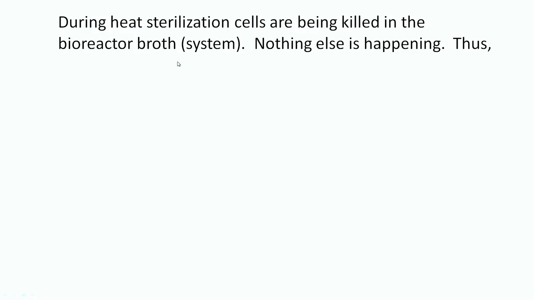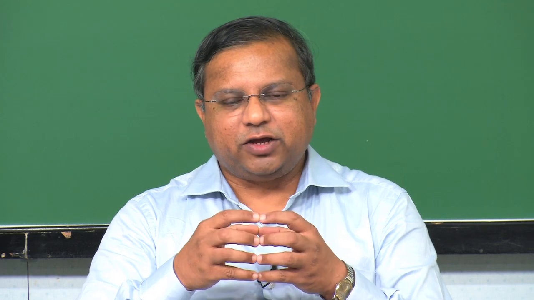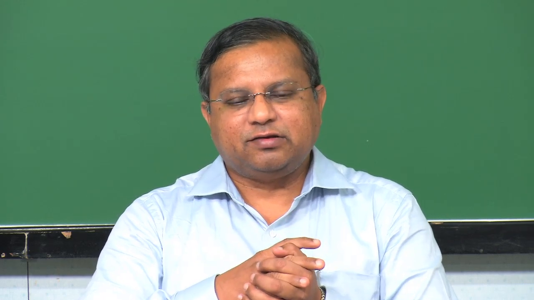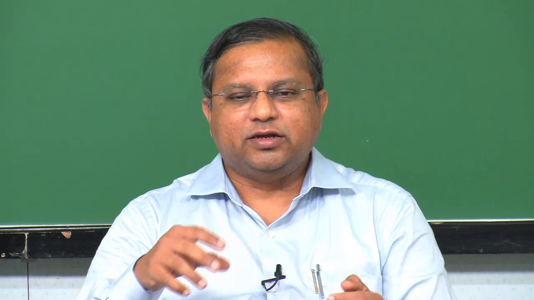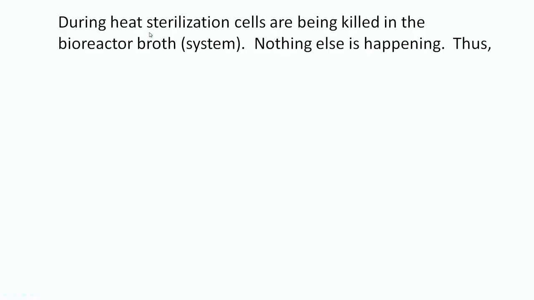During heat sterilization of cells, you are sterilizing, let us say, a stirred tank bioreactor containing medium, which probably has some cells growing in it already. It is not sterilized, and we are going to heat sterilize and kill all the cells that are present there. During that process, the cells are being killed in the bioreactor broth, which is a system.